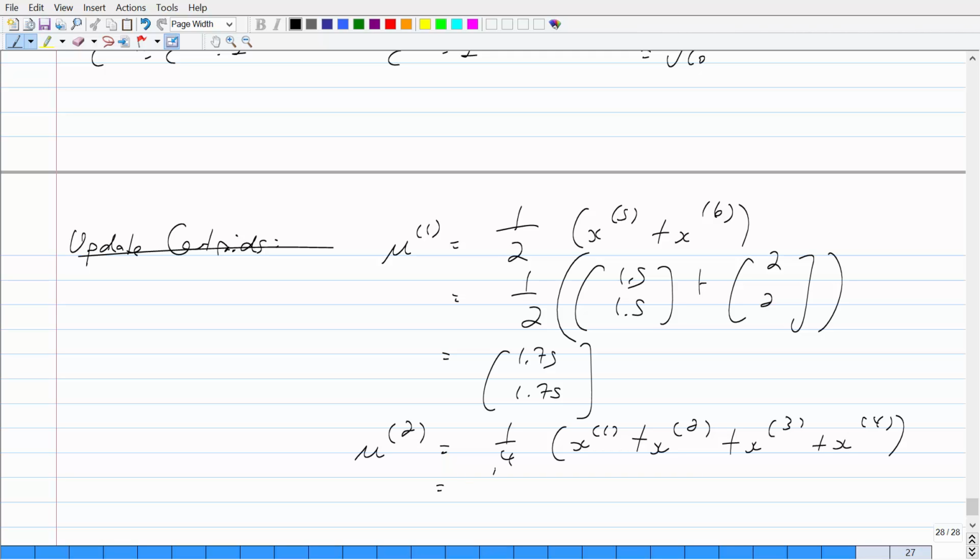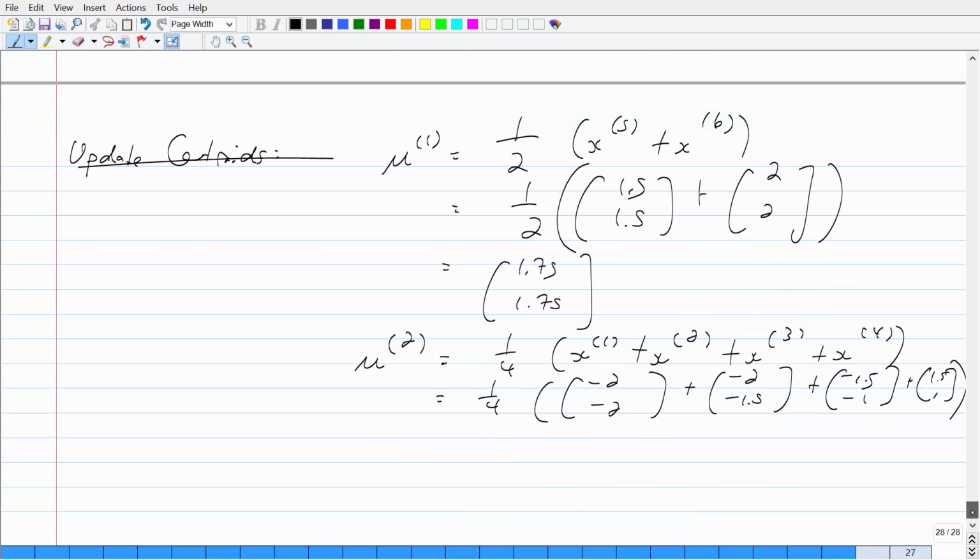In this case, we have 1 over 4. So let me see. It was -2 plus -2 plus -1.5 plus -1.5 plus 1 plus -1 and 1.5 plus 1. If you calculate this, you see that the negatives and positives cancel.